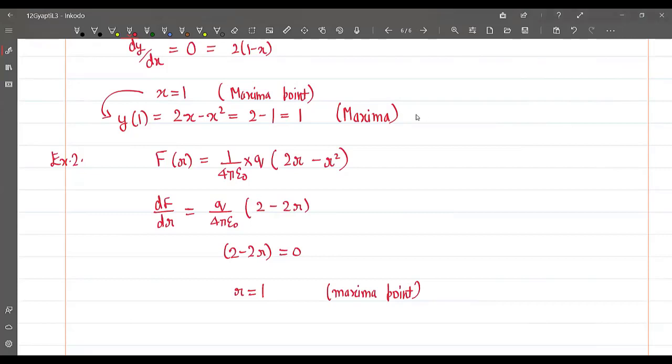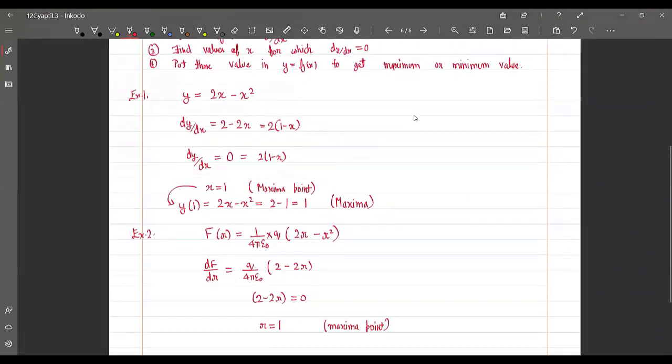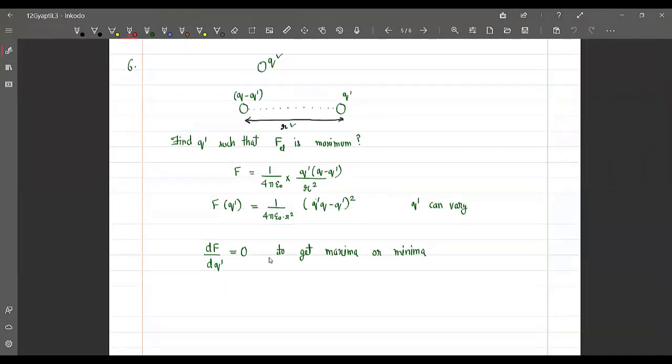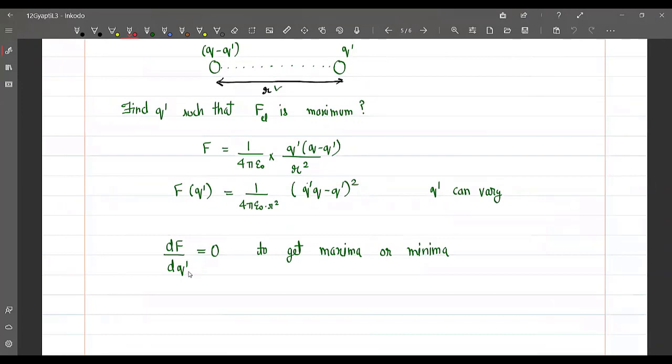Any questions up to here? Okay. Going back to our original question, I want df by dq dash to be 0. In df by dq dash, this constant will stay like that, 1 by 4 pi epsilon naught into r square.